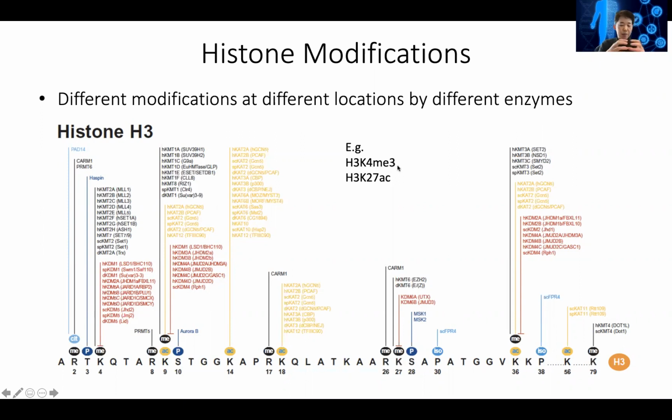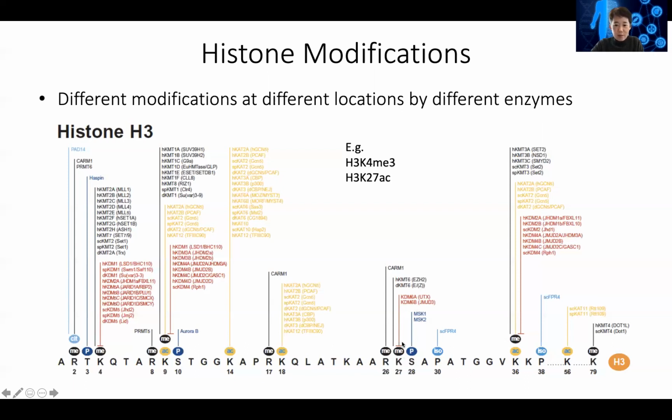If there is only one methyl mark on the carbon of this lysine, that's monomethylation. The carbon has one end attached to the remaining amino acid and 3 hydrogens. If one hydrogen is replaced with a methyl, that's monomethylation, Me1. Dimethylation will be Me2, and trimethylation will be Me3, so all 3 hydrogens are replaced by methyl groups. That's H3K4 trimethylation.